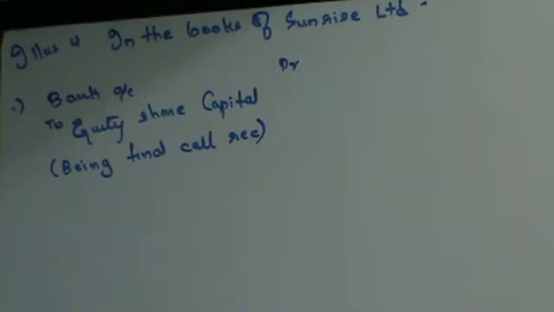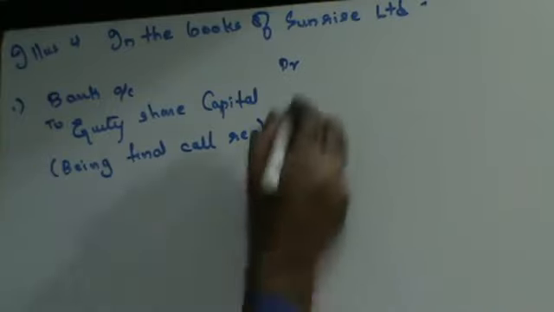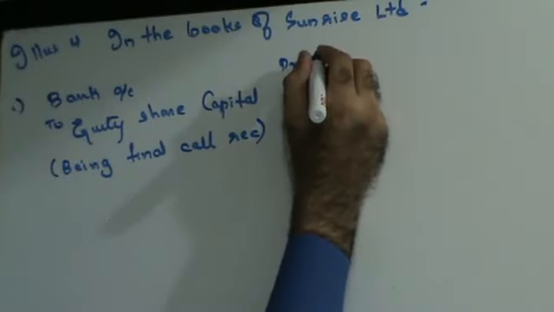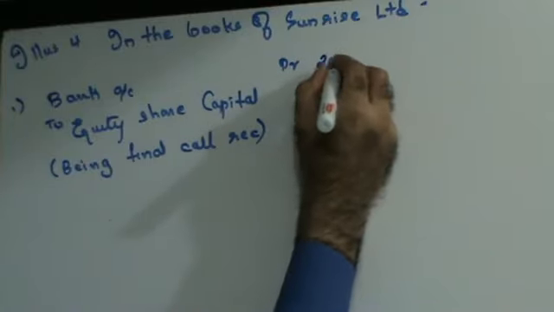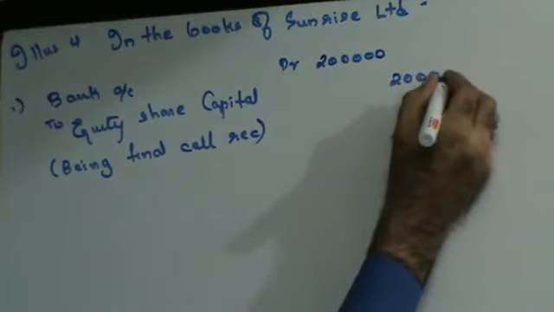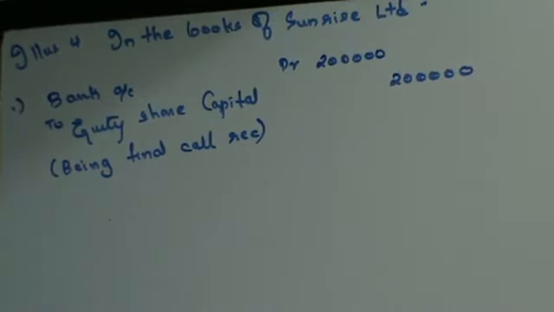Now this is 2 rupees 50 paisa per share on 80,000 shares. Someone please calculate that. 2 lakhs. Right? Next, let's move on ahead.